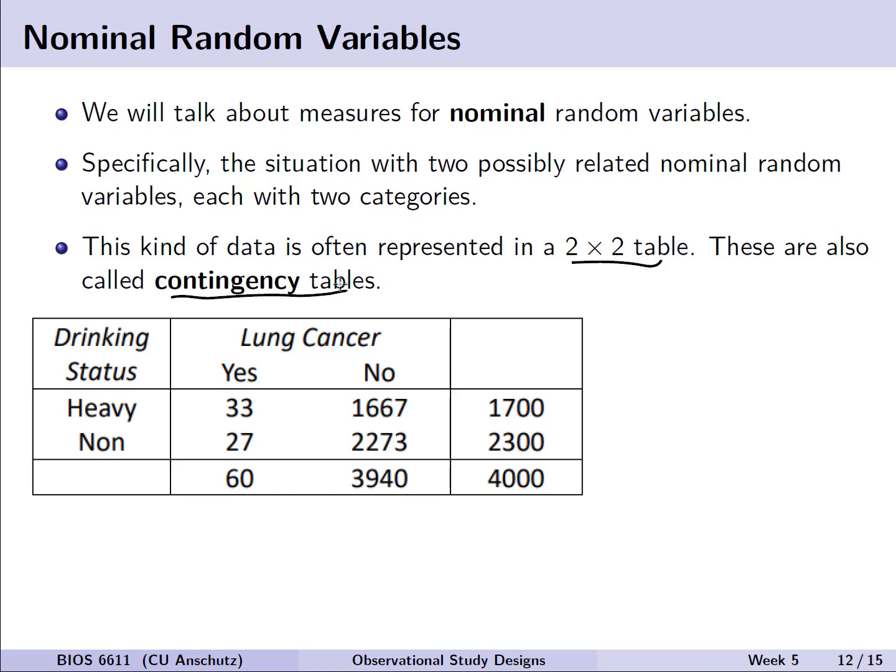For example, we might ask about lung cancer as our disease of interest and exposure as drinking status, whether you're a heavy drinker or a non-heavy drinker. If we design a study and collect the information, we can set it up in this 2x2 table, where we can identify, for example, that 33 of the 1,700 individuals who are heavy drinkers went on to develop lung cancer.